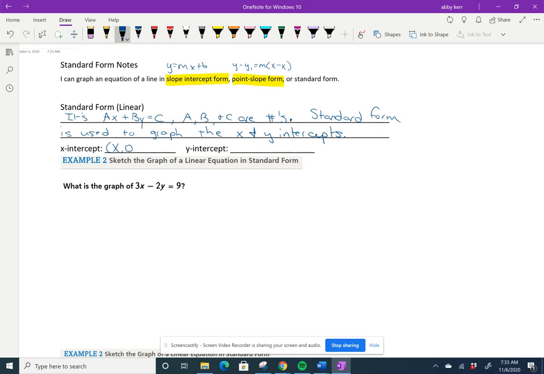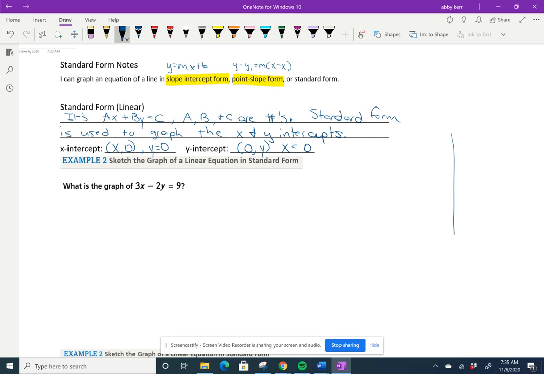So it's going to be x comma y. So for every single x-intercept, the y will be 0. And for the y-intercept, it's going to be the opposite. It's going to be the x that is equal to 0. So then it's 0 comma y, where x is always equal to 0.